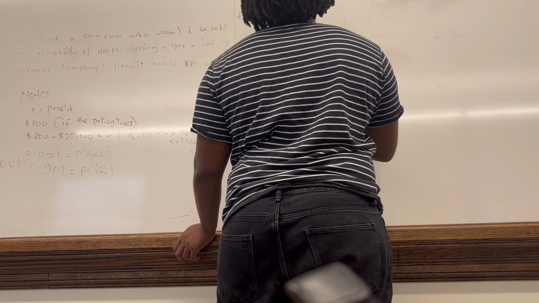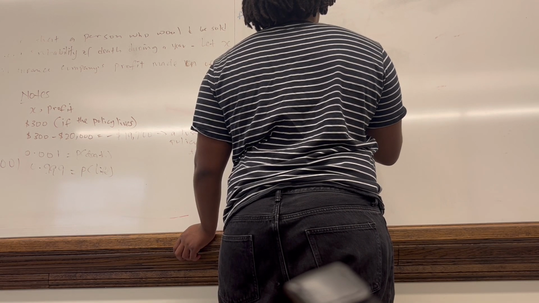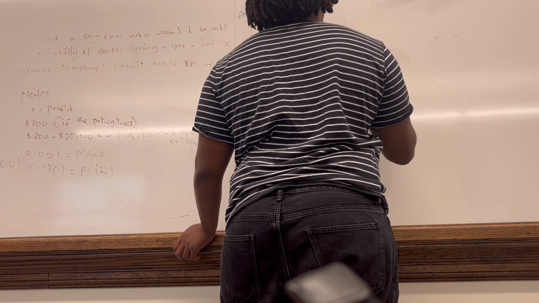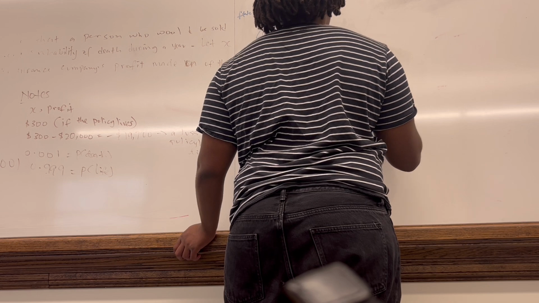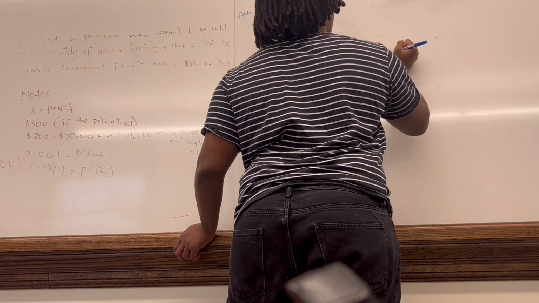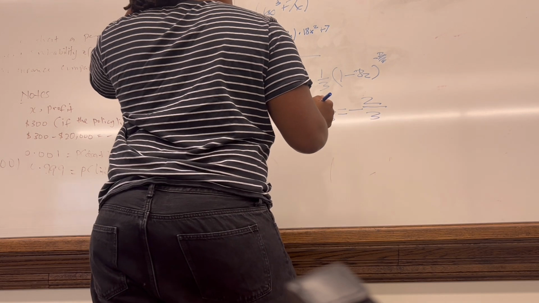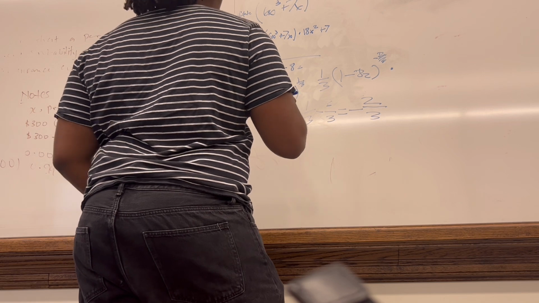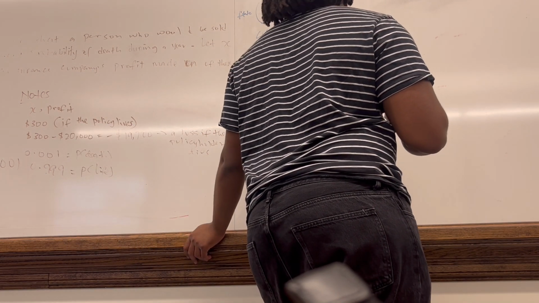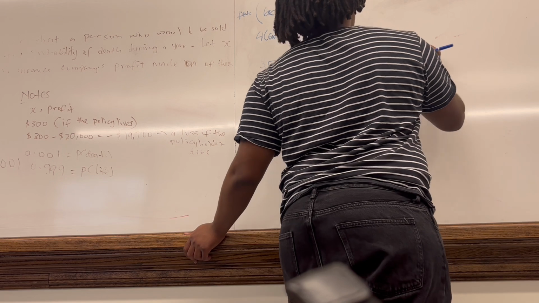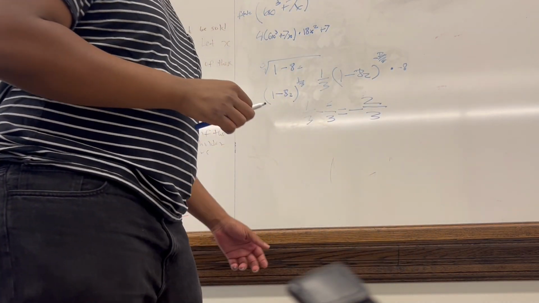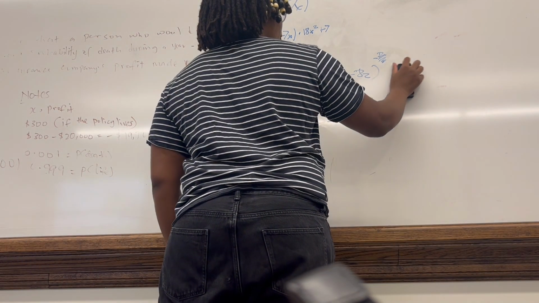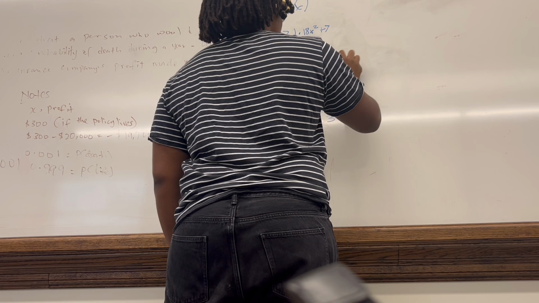So 1 over 3 minus 3 over 3 is minus 2 over 3, multiplied by the derivative of 1 minus 8z, which is just negative 8. Boom. Chain rule, pretty simple, pretty self-explanatory. One of the easier ones. Let's move on to the next one.